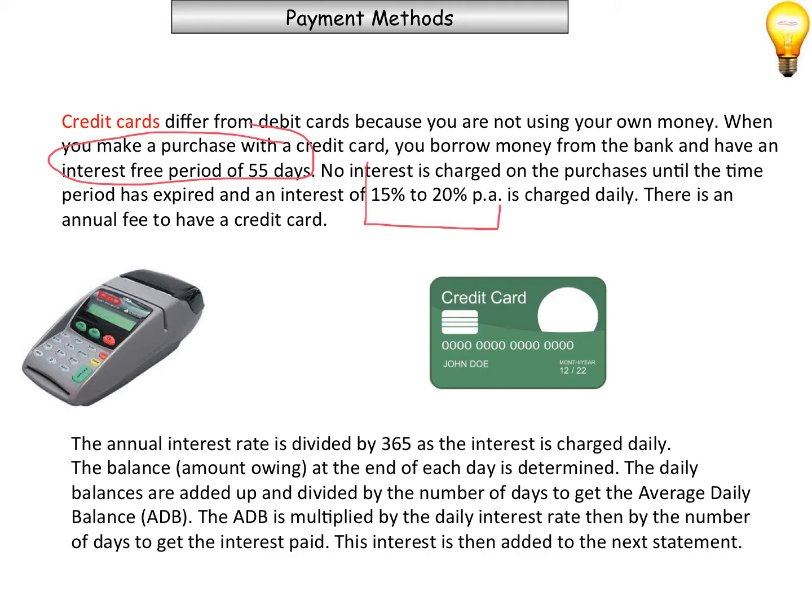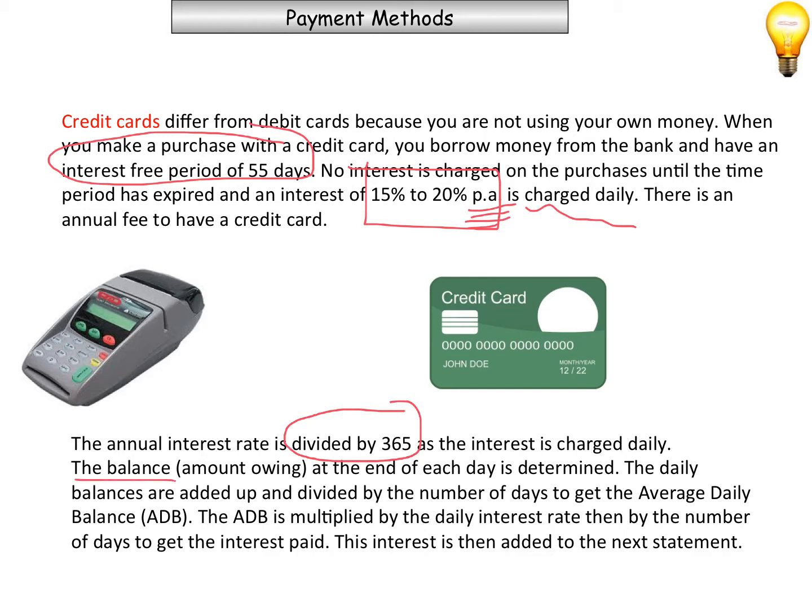it's a fairly high interest rate, and that interest is charged daily. Because it's charged daily and that interest rate is given to you per annum, you need to divide it by 365 to get the interest rate per day.